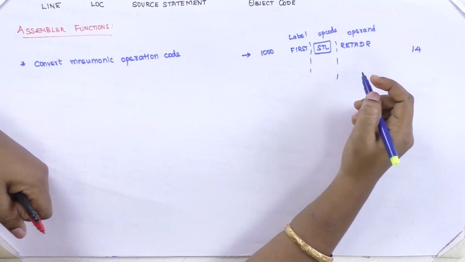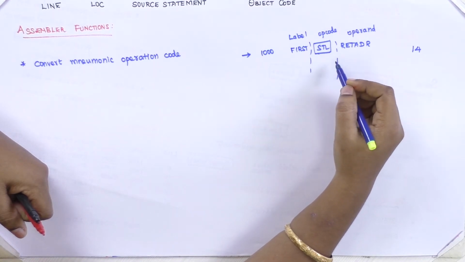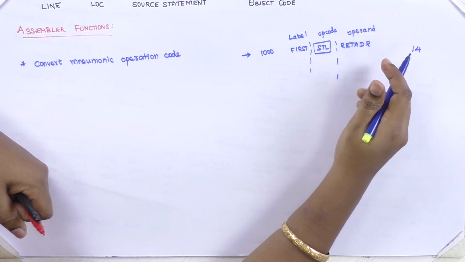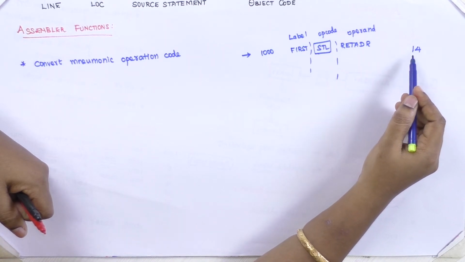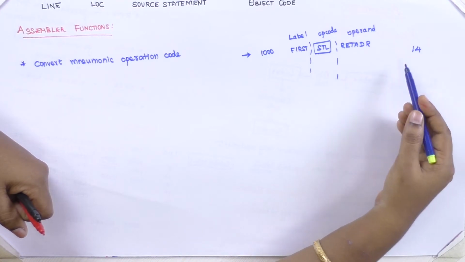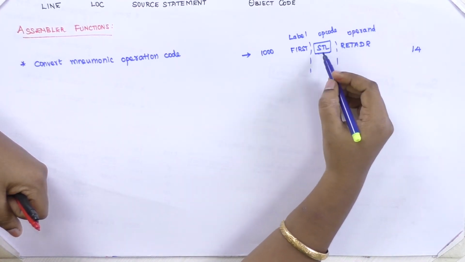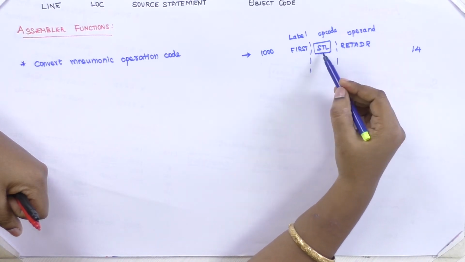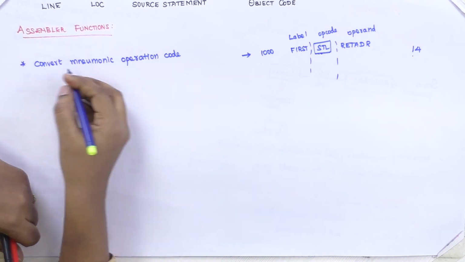Machine language code is completely binary, zeros and ones. So in our complete syllabus, we will be discussing only hexadecimal values, because of easier understanding. So the machine language equivalent for the opcode STL is 14. That is the first function.